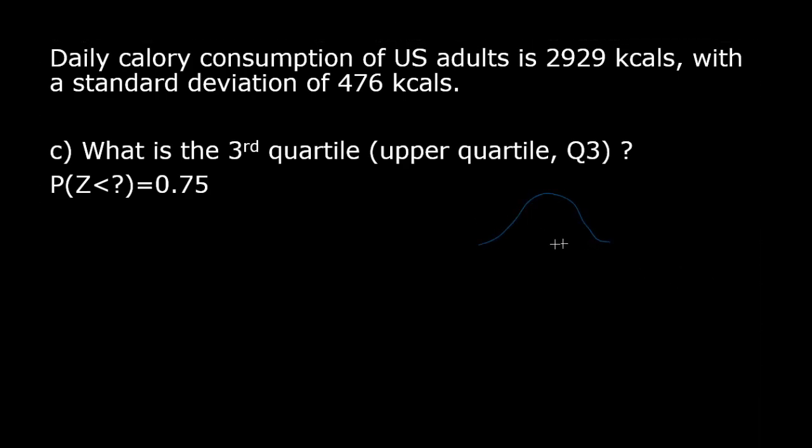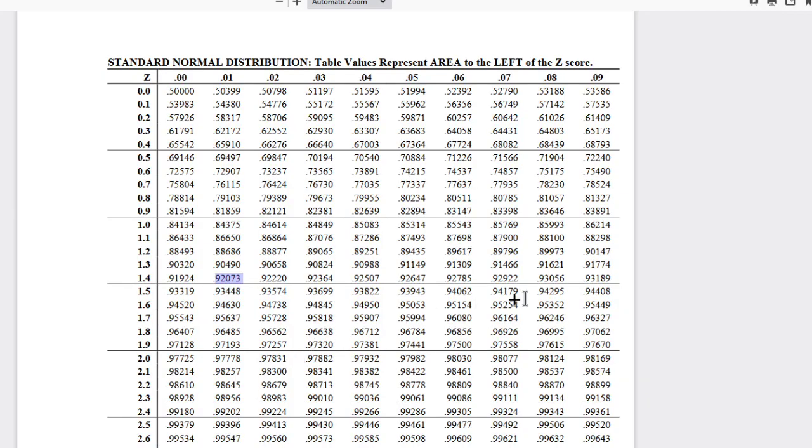So if this is the standard normal distribution, and here's 0, we're looking for this spot right here where this would be 0.75. Now, there are two ways to get it, again, by using the table, or you can also use your calculator. Let me show you how to do the table way. So first, you want the value of the area to be 0.75.